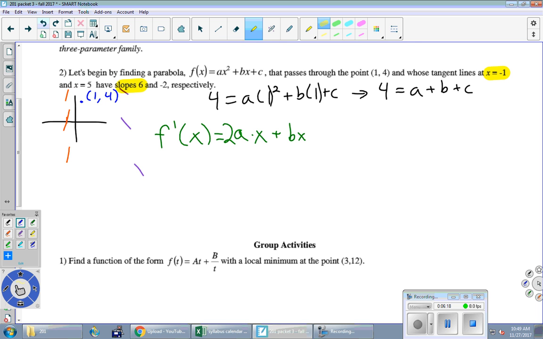So we just plug in. 6 is for sure equal to f prime of -1. And let's do the same thing with the other tangent line we're given. It says that when x is 5, the slope is -2. So -2 equals f prime of 5. Good.